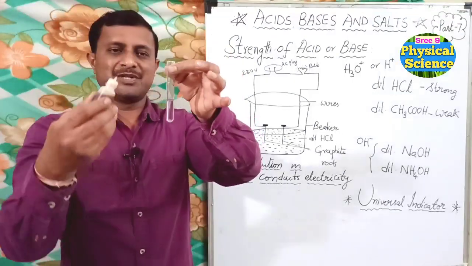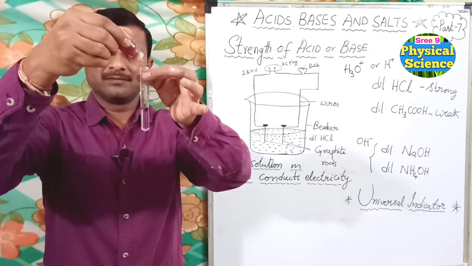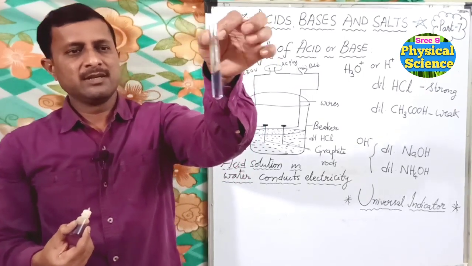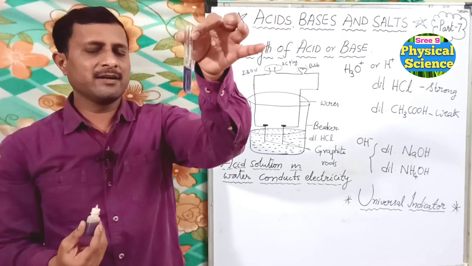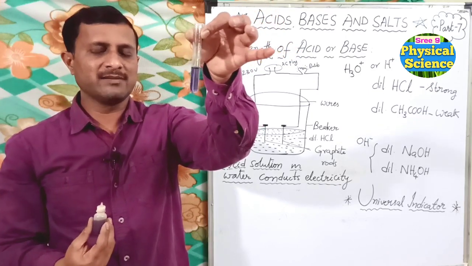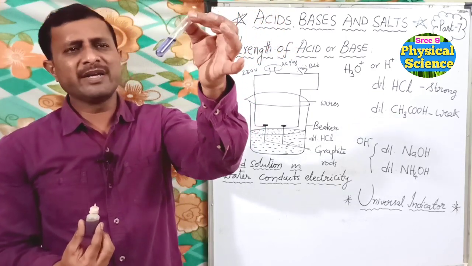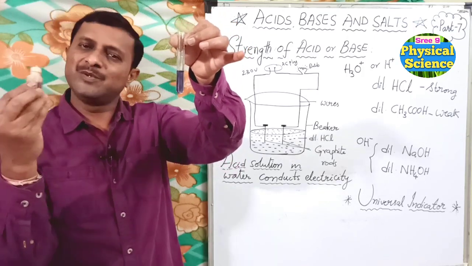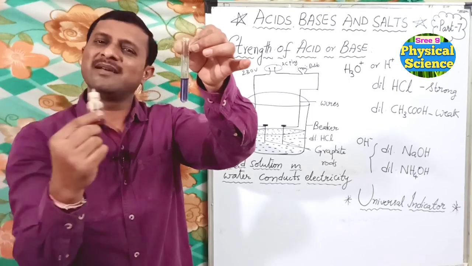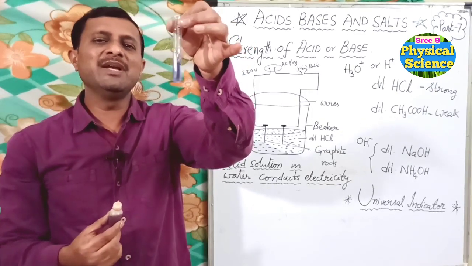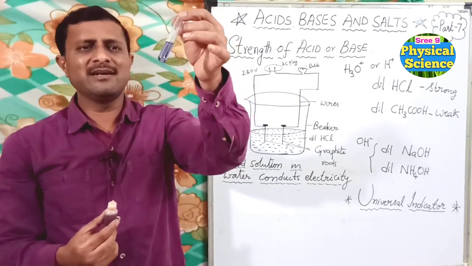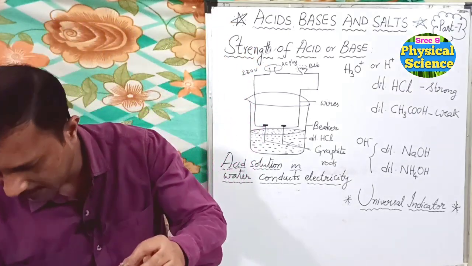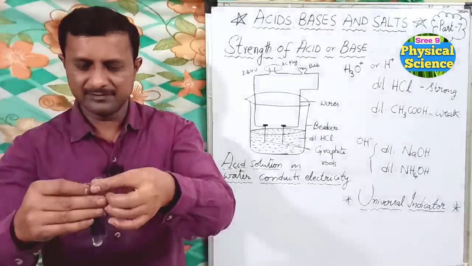For the neutral solution here, see this is light blue color. So light blue color or greenish blue color, neither acid nor base, means it is in between acid and base. We can say it is a neutral solution.